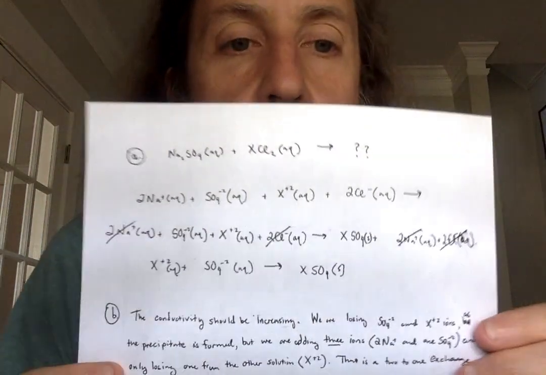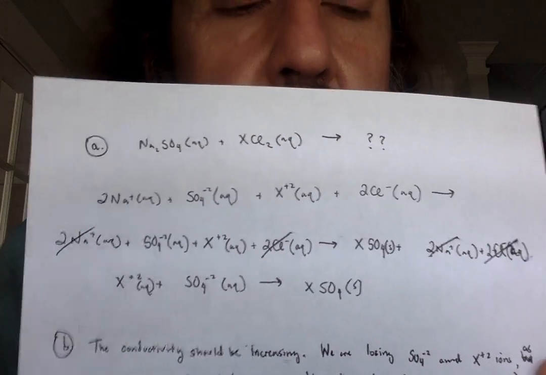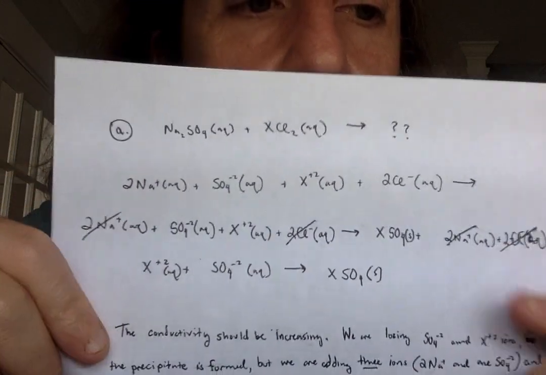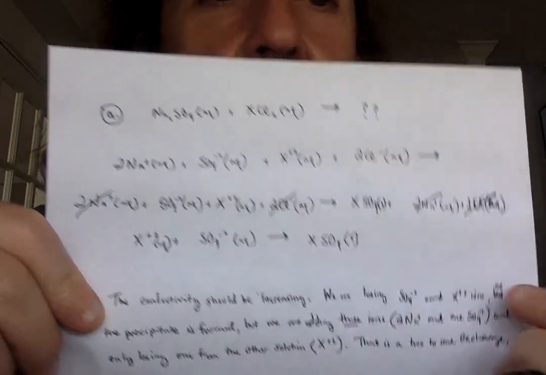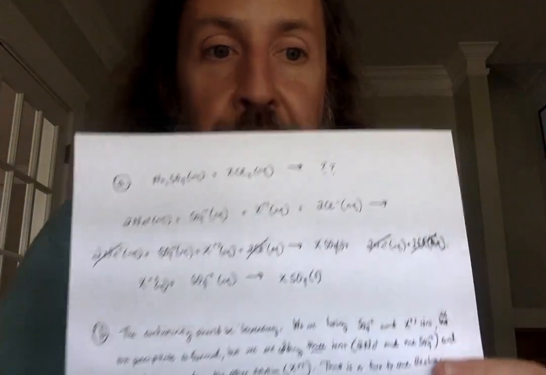When we do this in class, you can cross them out like that. We see that the sodium is the same on both sides, the chloride is the same on both sides, and that's why you cross them out.